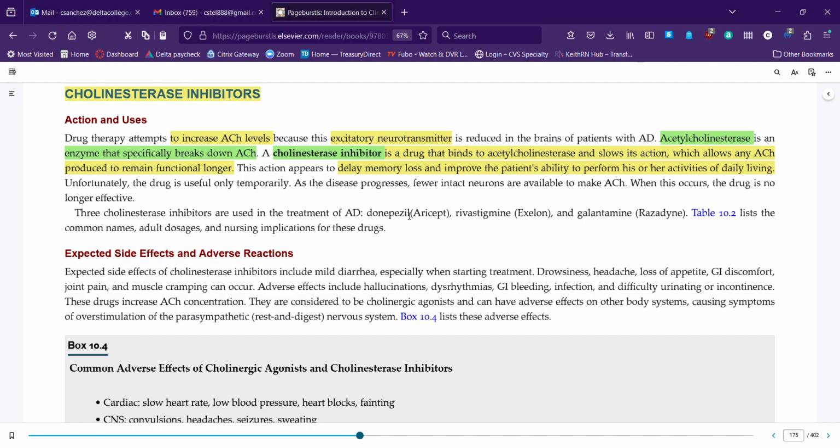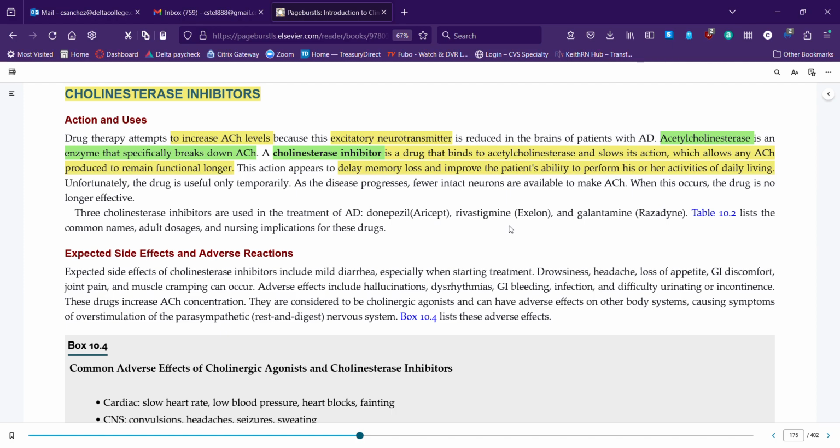Alright, so our first drug is going to be our Aricept, and then the generic for that is going to be donepezil. Okay, so that's going to be our first one.